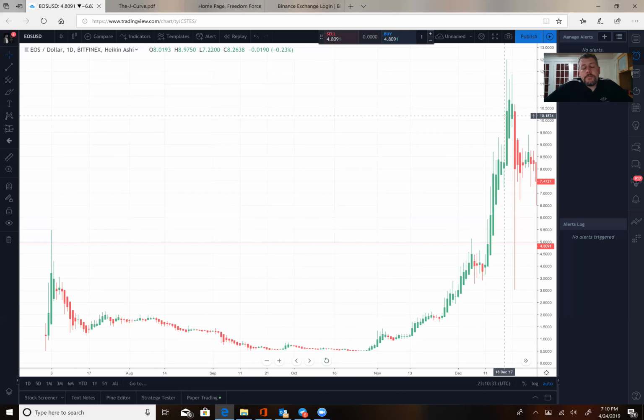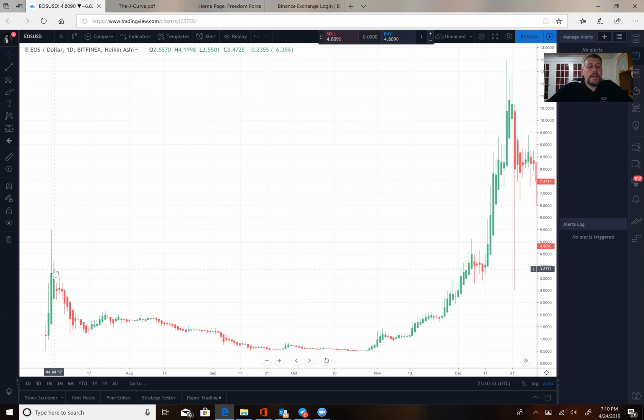So if you can identify good projects with good fundamentals, good solid leadership, good white papers, following the announcement in the group with the 11 fundamentals that we look for in a solid blockchain project, these projects typically follow this J-curve.